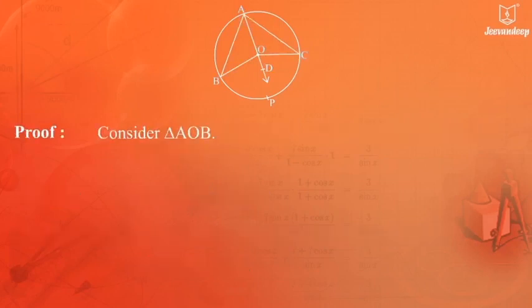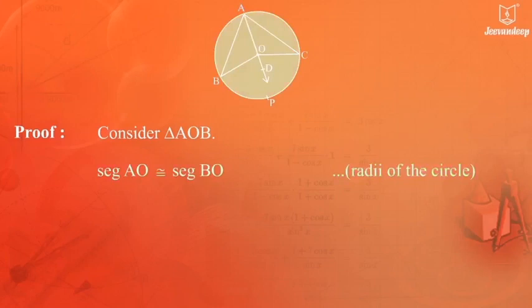Proof. Consider triangle AOB. Segment AO is congruent to segment BO, being the radii of same circle.